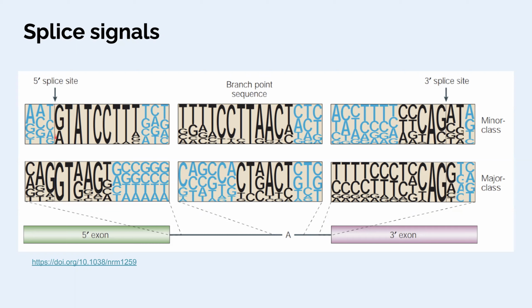But right at this splice boundary inside of the intron, this is not going to do anything for the protein coding sequence, but it is doing a very important job for determining that the splicing is going to happen there. So we have a couple of instances of a little bit of variation, a couple of major forms of these splice signals at the 5' end. Same thing over here, a couple major forms of the 3' splice signals. And then it turns out there's this internal splice signal as well. All those are important for getting the molecule maneuvered in just the right way that it gets spliced out.